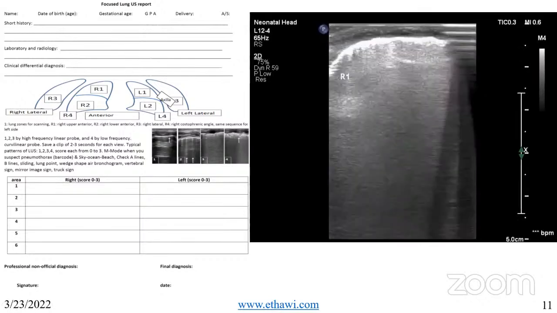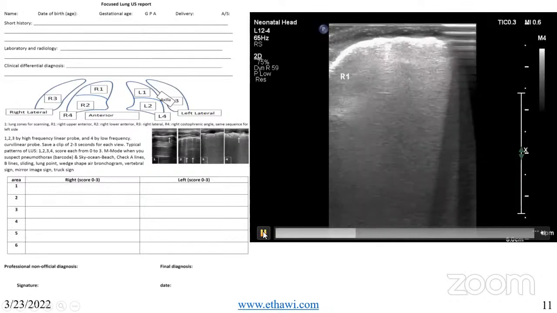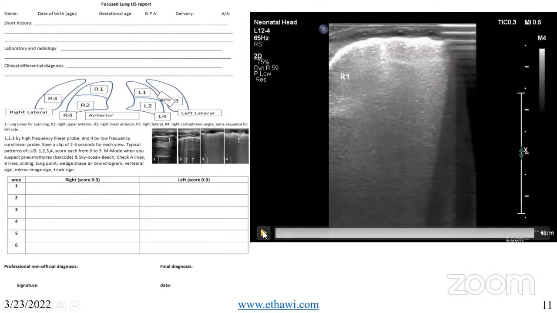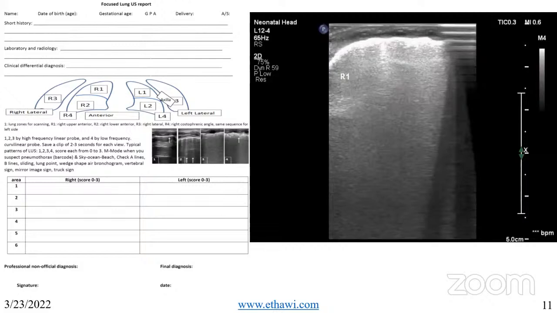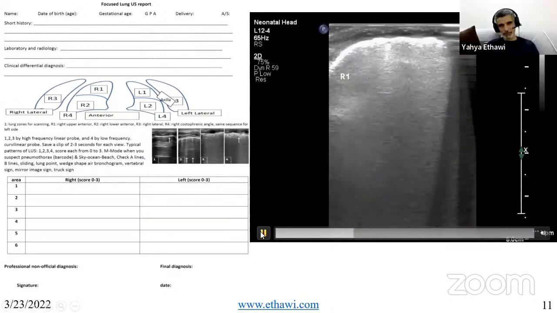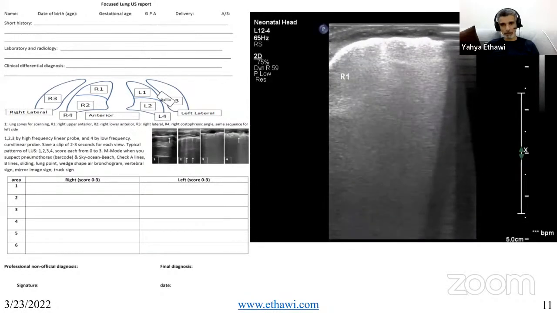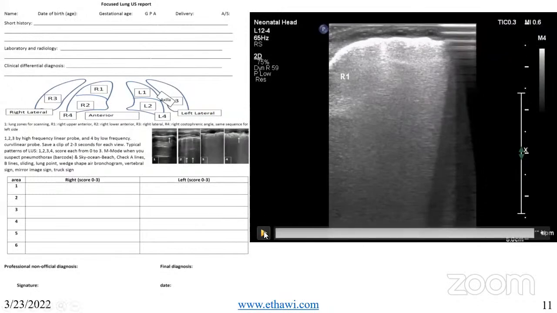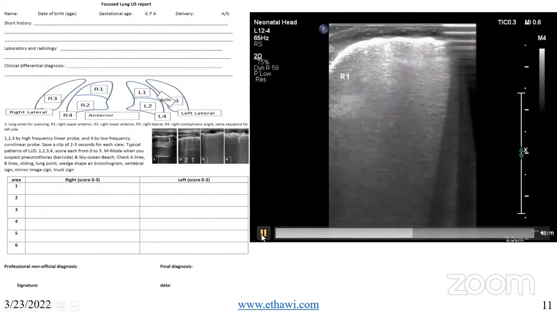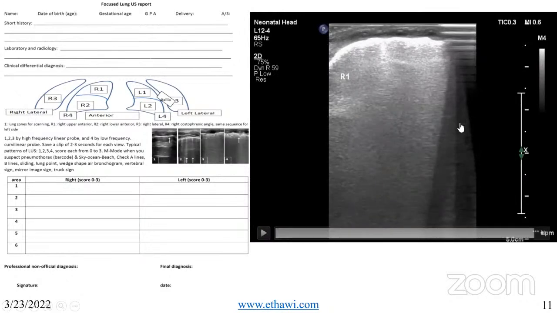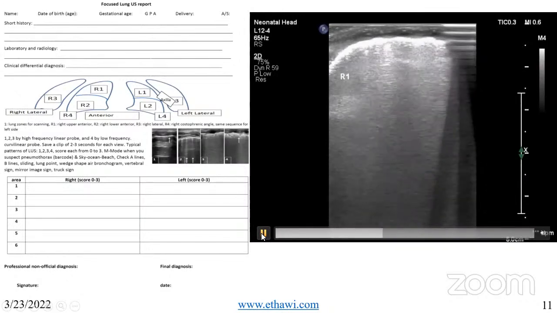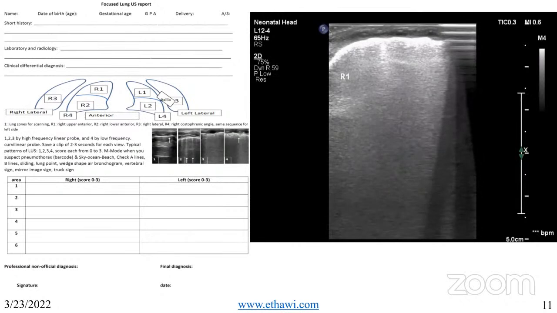So I see B lines separated from each other by more than 7 millimeter, many of them, if I can say. And the B line is not separated clearly from the pleura. Yes. So if I were to score this, I would score it 2.